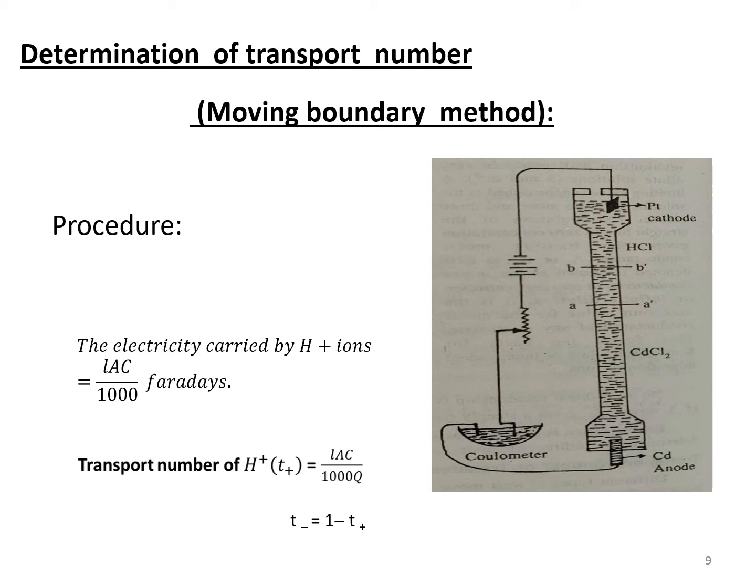By this, finally the transport number of H plus, or T plus, is calculated using the formula L into A into C by 1000 into Q. Once the transport number of a cation, T plus, is found by the moving boundary method, the transport number of the anion can be easily determined by simple mathematical manipulation, that is T minus equals 1 minus T plus.